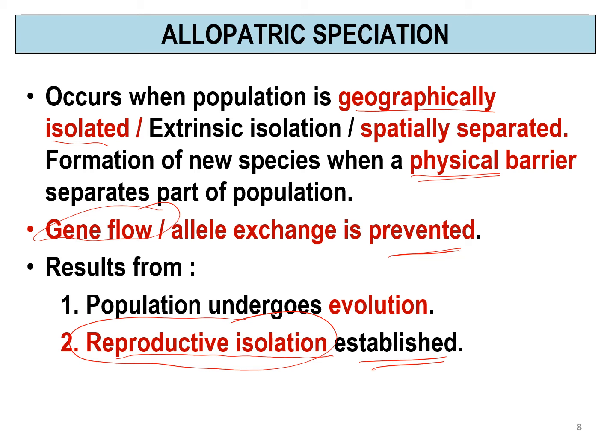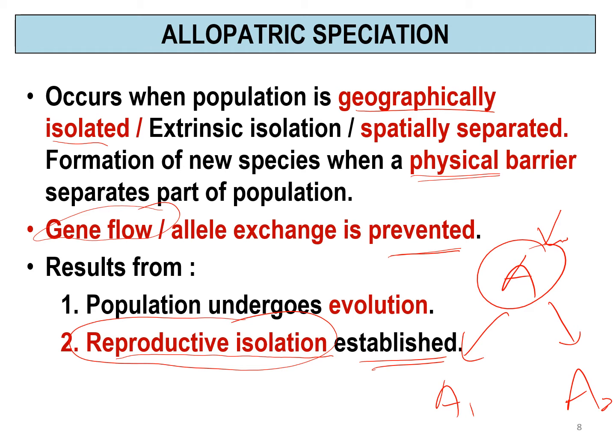Bila A berpecah menjadi A1 dan A2, ini populasi asal, terpisah disebabkan oleh ada halangan sungai ataupun gaung jurang. Jadi A1 dah tak boleh interbreed, reproduce dengan A2. Okay?